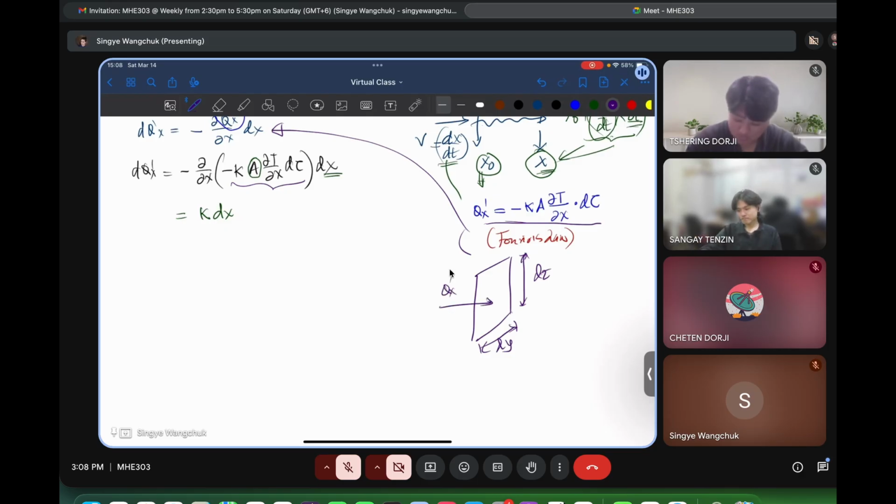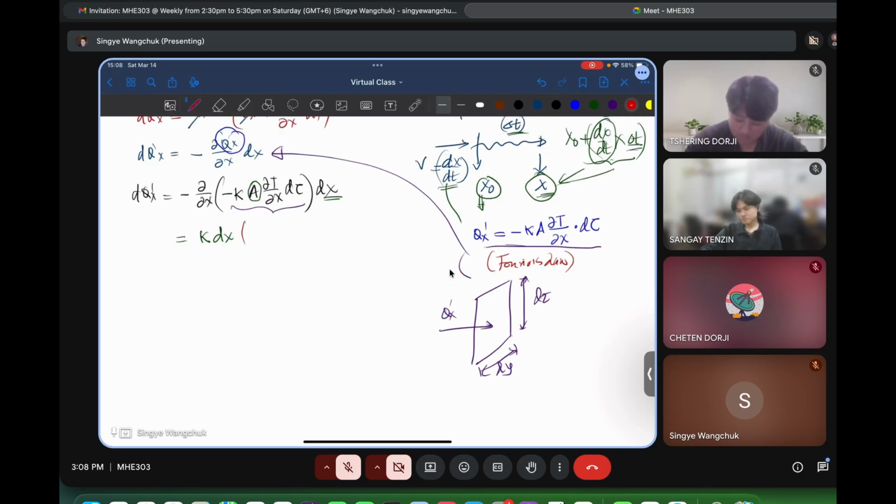You are visualizing, right? So from here what you will get is dy dz dτ, right, times, here, what will this become now? It will become the second derivative. So you will get d squared T by dx squared.